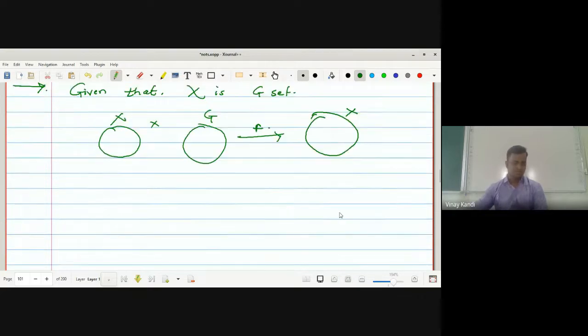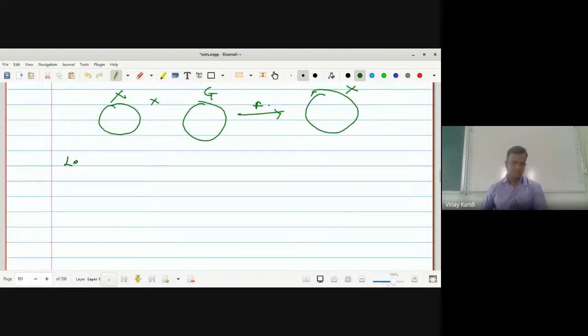Okay, and let x belong to capital X be any element, and fix it. We have fixed it. Okay, x is any element of capital X and fixed it.